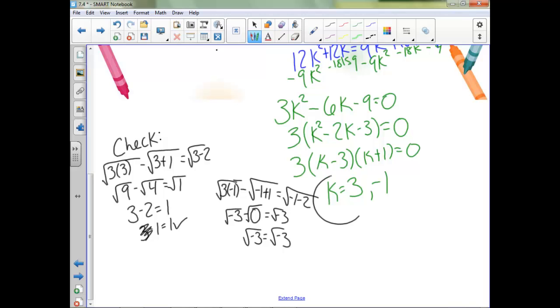And those are the same thing. So both of those are solutions.